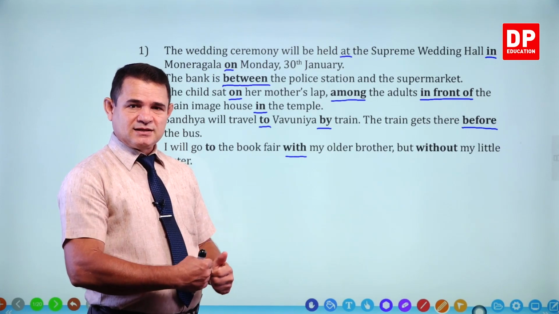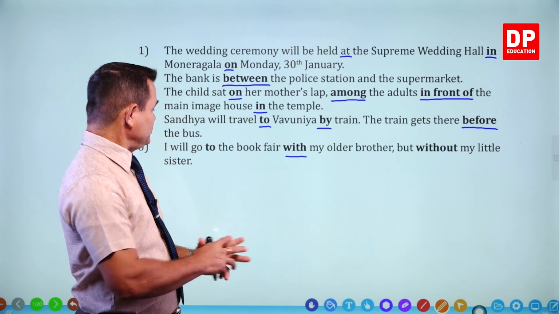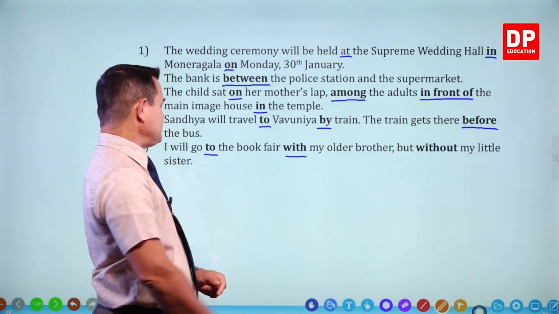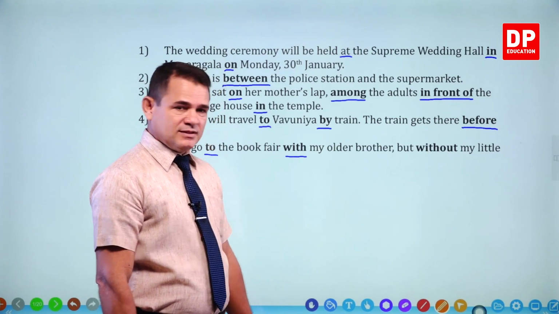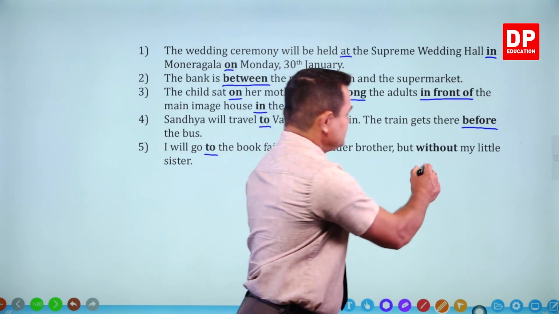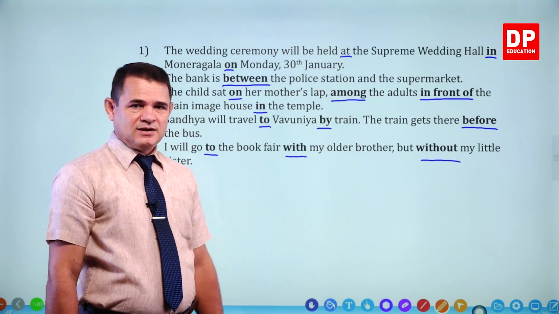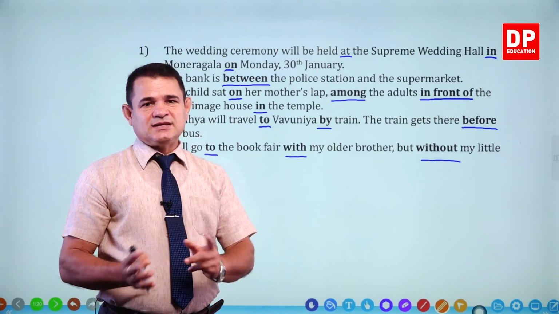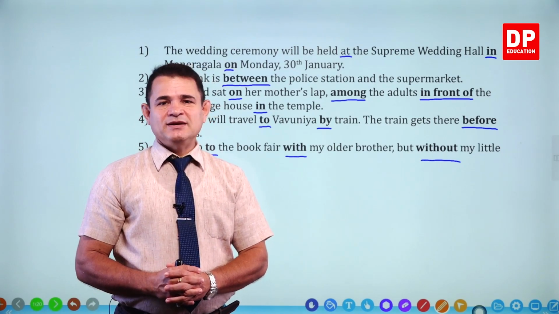And I will go to, another preposition, to the book fair with my older brother. But without my little sister. Not with little sister, without. So likewise you can remember what we discussed.